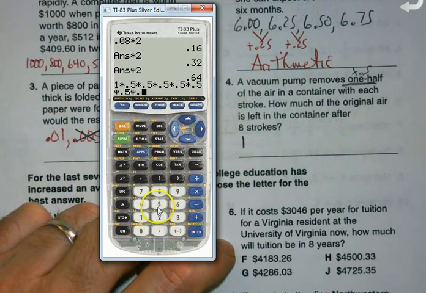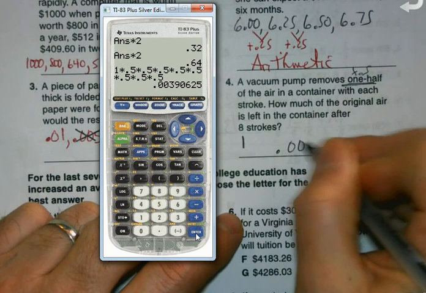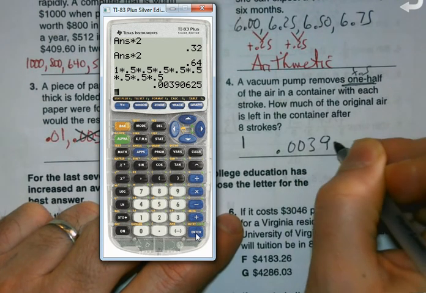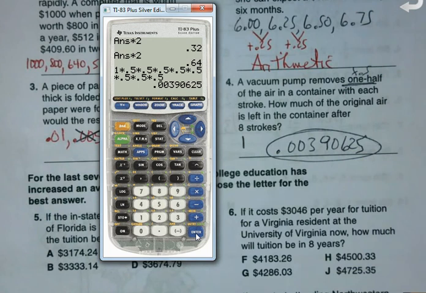Holy cow, there's not going to be much left. 7, 8. Yeah, not much. I was going to say, with that much air, you can basically say there's no air left in it, because we're timesing by the 0.5 each time.